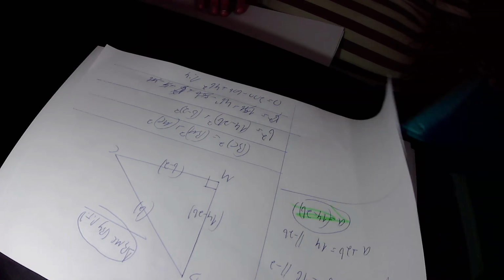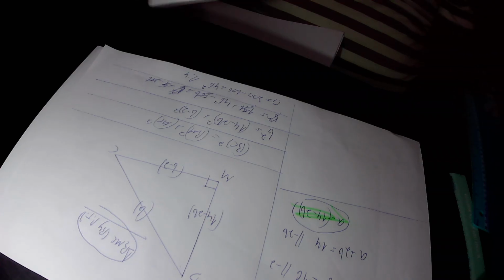So we found that B squared minus 40B plus 50 equals 0.